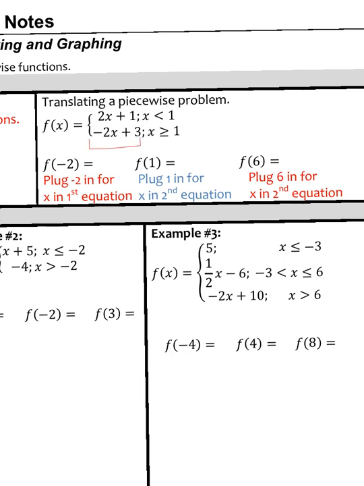These here, those are equations. And I am horrible at writing with a stylus. And then we have inequalities after it, and that's the part we want to keep, okay?